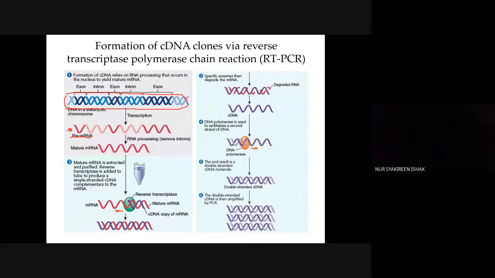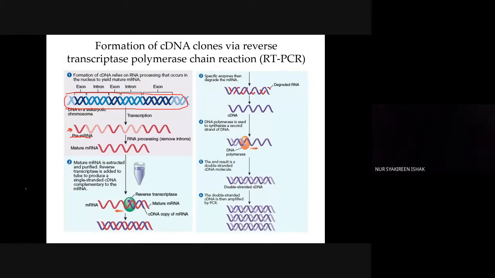To synthesize the cDNA for insulin, you have to extract mRNA from the cell that produces the protein only, okay? So isolate the mRNA from the cell that produces the protein.